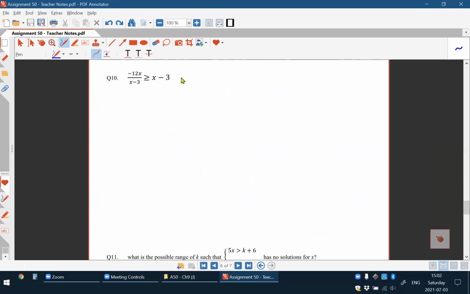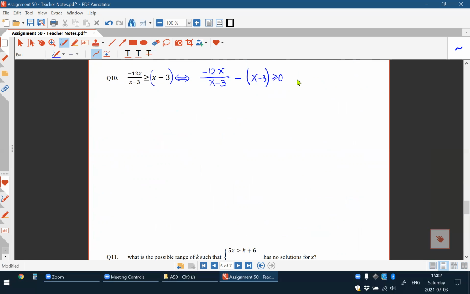Question 10 is equivalent to, first of all, moving everything to the left-hand side. So x minus 3 becomes minus x minus 3, greater than or equal to 0.